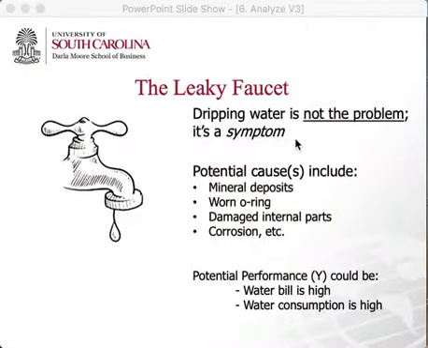Say I turn the water off, and it still runs a little bit. That is not the problem, because the problem has different parts. One is the symptom. The symptom is the water dripping, right? The cause of the problem could be different things, like mineral deposits, a worn O-ring, some damaged parts, some corrosion happening. All these are X variables, sorry, they're potential root causes of the problem.